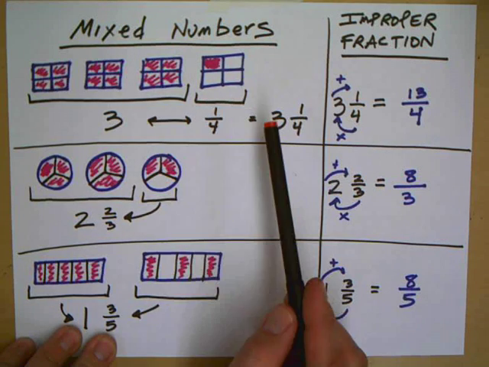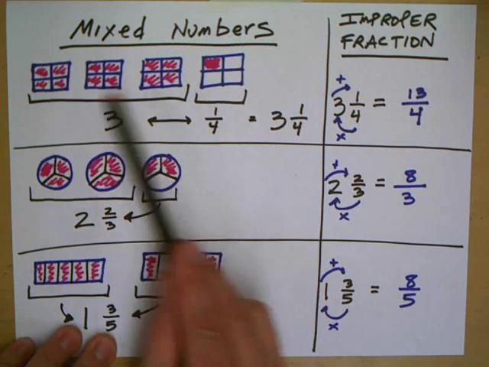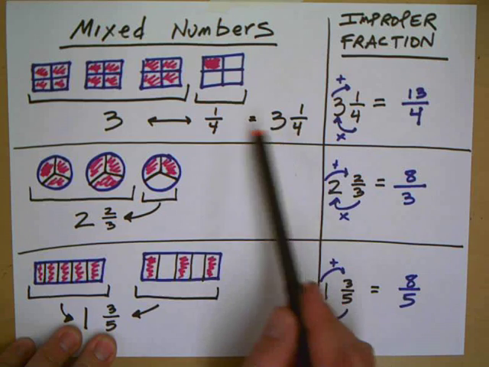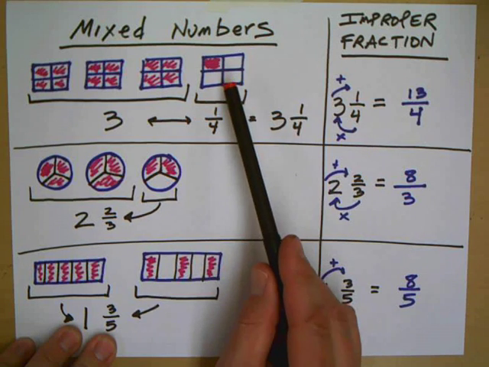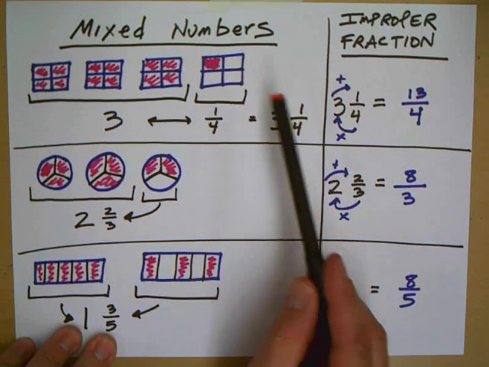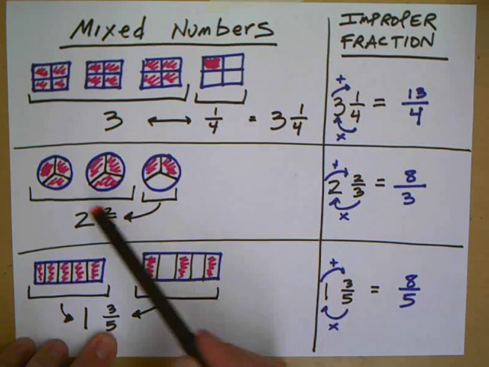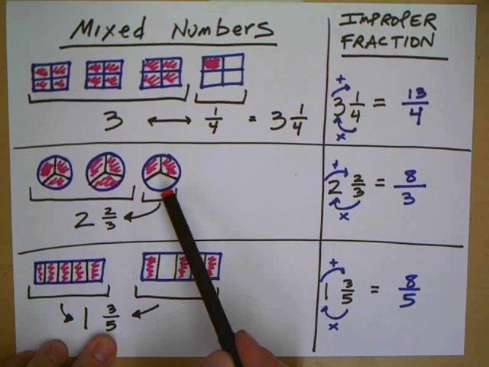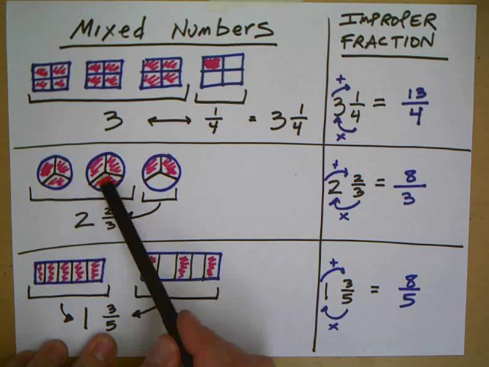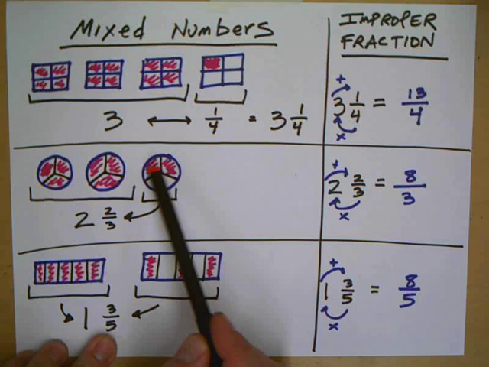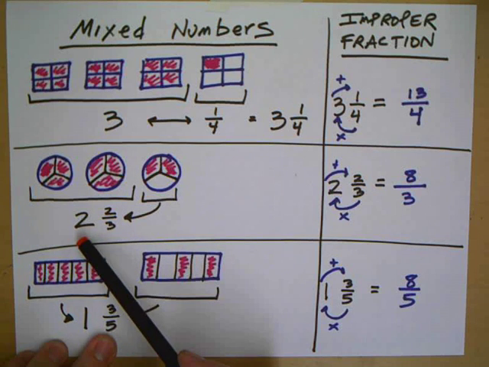So this mixed number, when you put it together, you take the number of whole squares that are colored in, 3, and the fraction that's represented by the one piece that is colored in, 1/4, and you have 3 and 1/4.